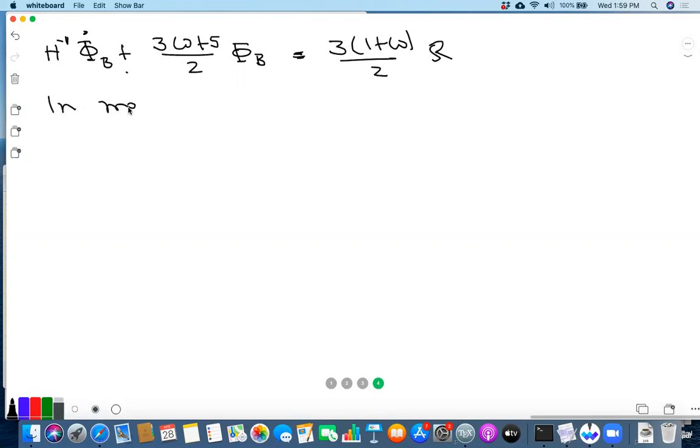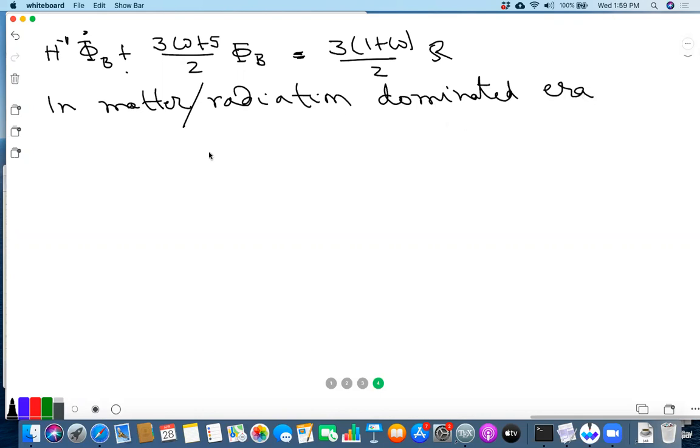But let's see this in some explicit detail. In matter and radiation dominated eras, H goes as some constant K over (T plus C), where K and C are constants. If you remember, lambda goes as some power of T, T to some alpha, so lambda dot over lambda goes as 1 over T. I have just added this constant because the origin could be different in different eras.